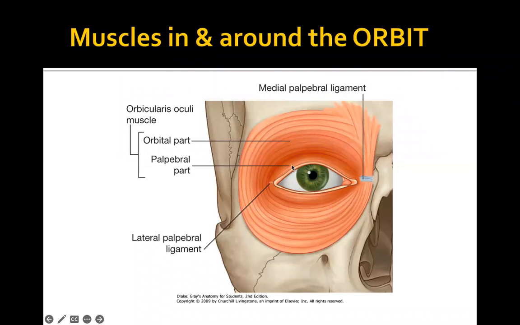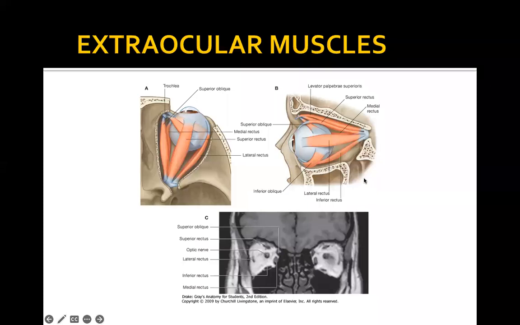The palpebral part is on the eyelid, okay? And then the orbital part is more around the orbit, getting to the portion inferior to the forehead, okay? And the lateral palpebral ligament, and the medial palpebral ligament. Okay. So these are the extraocular muscles.